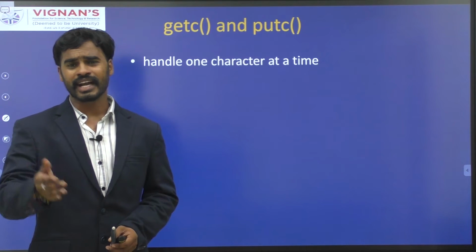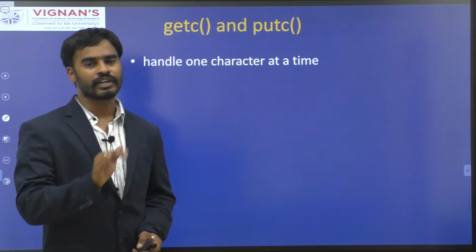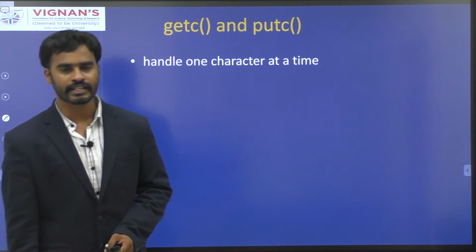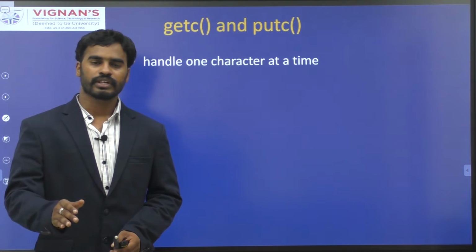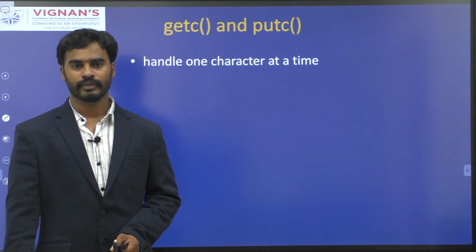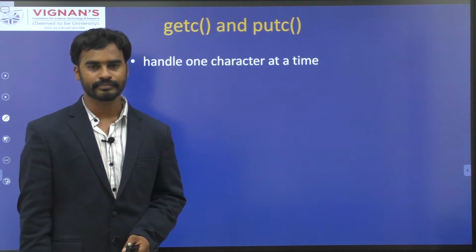Okay, by using this getC and putC, you can do IO operations both on console as well as files. These getC function and putC function both work for console based IO as well as file based IO. Okay, these 2 functions will handle only one character at a time.